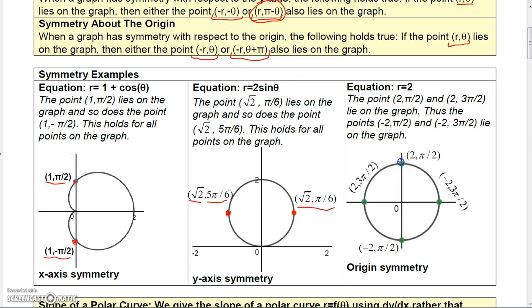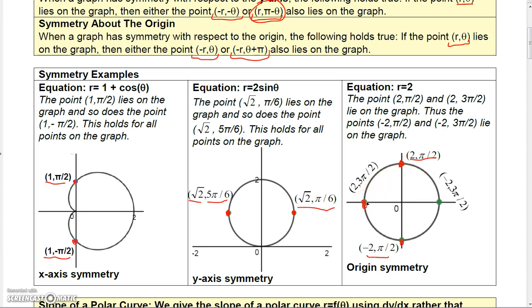So notice here, I took just the simple points. This is (2, π/2), and so if (2, π/2) is on the graph, then (−2, π/2) must be on the graph. And then here we have this point, which would be (2, 3π/2), because this would be 2, and then you're going over 3π/2 to get there.